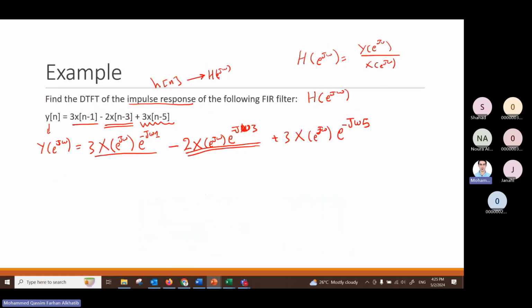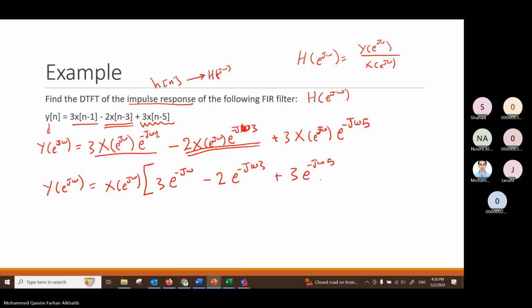Now, like what we did in the z transform, we'll take X of e j omega as a common factor. So Y of e j omega equals X of e j omega times the common factor, and I will have those together: 3 e to the power minus j omega, minus 2 e to the power minus j omega 3, whatever you want to write it, plus 3 e to the power minus j omega 5.